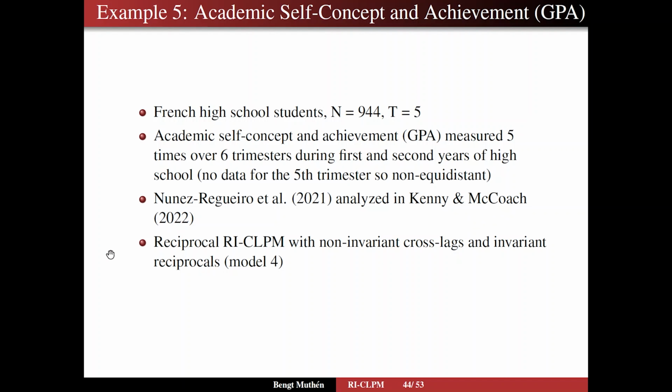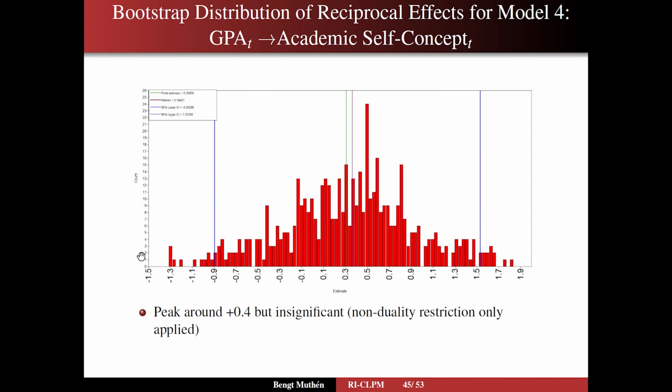And here we're going to take a look at the reciprocal RICLPM with non-invariant cross lags and invariant reciprocals, model 4. So here we have on slide 45 for this model 4, we're looking at the lag 0 effect of GPA influencing your academic self-concept.